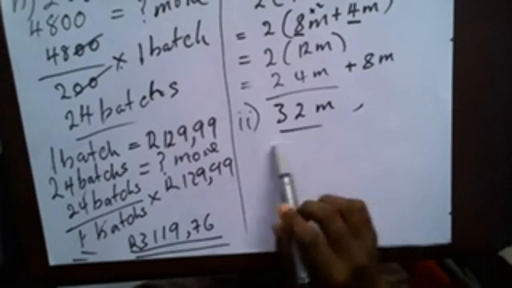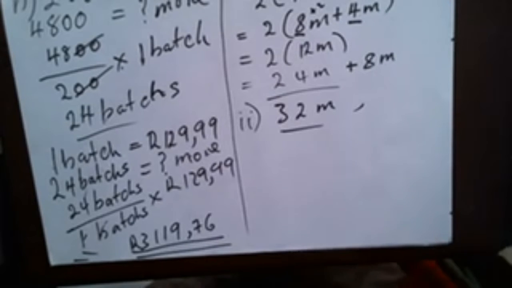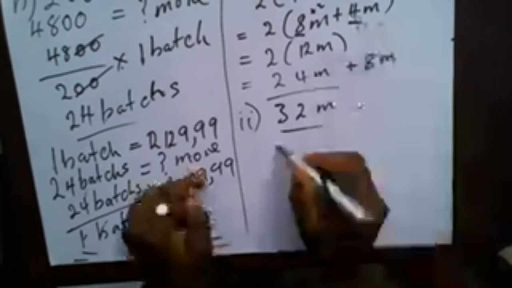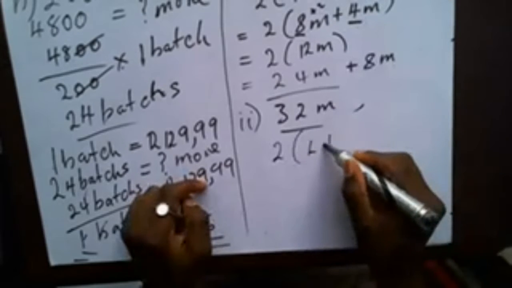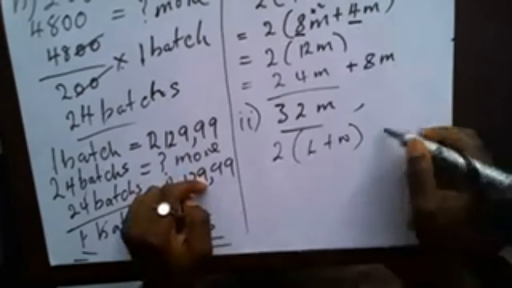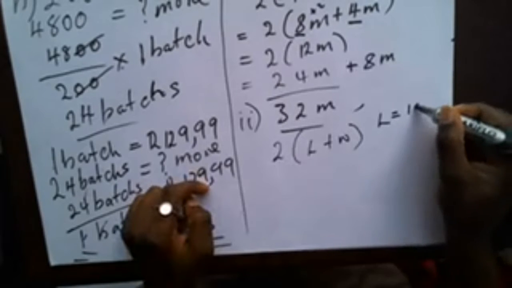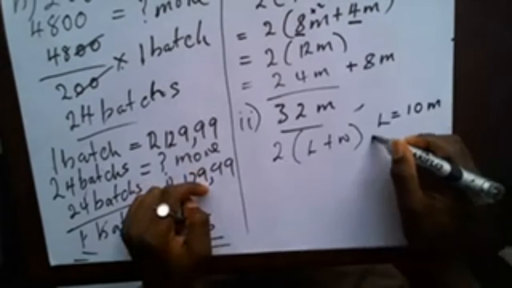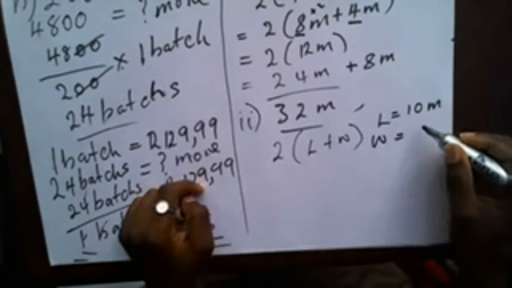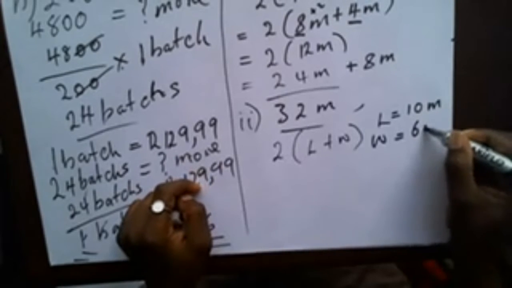This is the length of fence they're going to need if they take into account the 1 meter from the swimming pool. Because here we are having a width of 6 meters. It's a new dimension. If you want to use the formula, 2 times L plus W, the new length is going to be equal to 10 meters, and the new width is going to be equal to 6 meters.